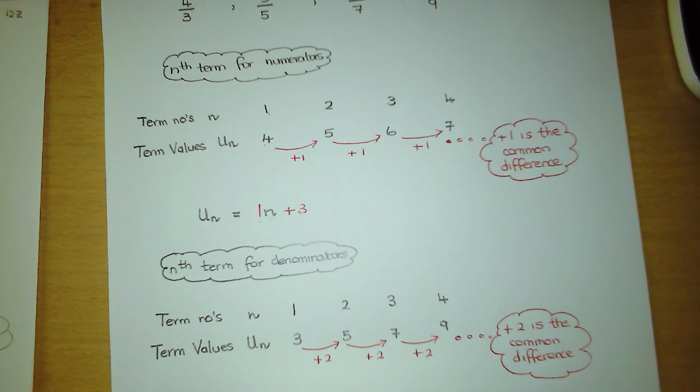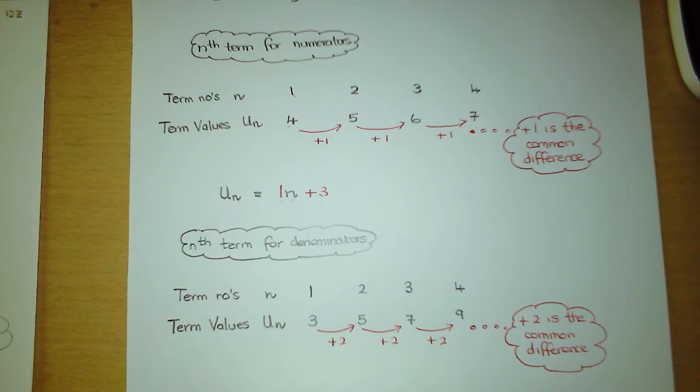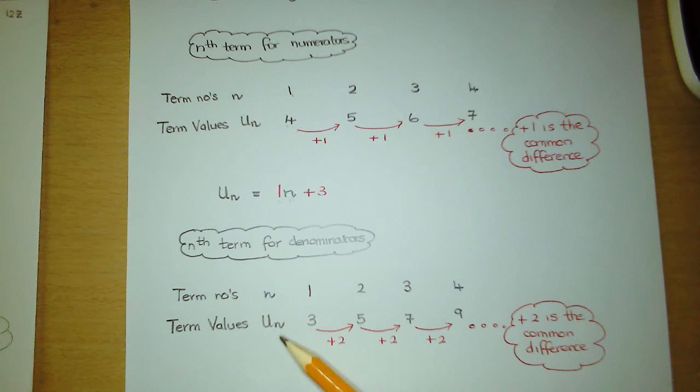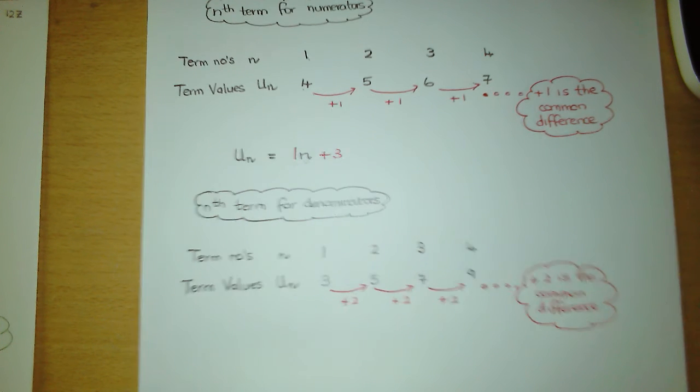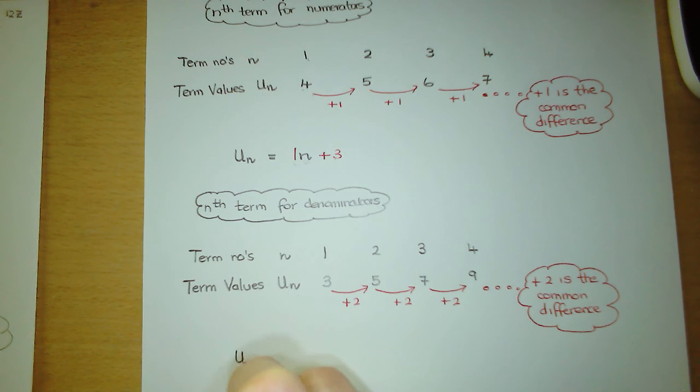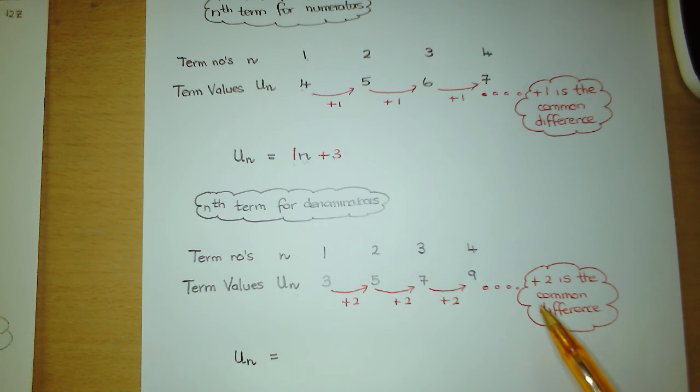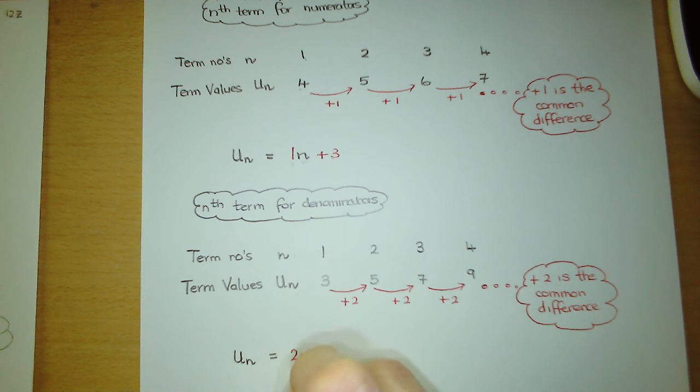So again, we have to get our nth term formula that connects each term number to its term value, and it always starts with un equals. And remember, the common difference tells you what the coefficient of n is in the formula. So the coefficient of n is going to be 2, and then we write down n immediately after.